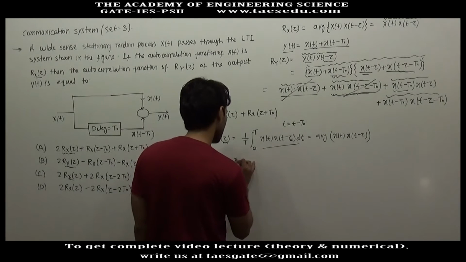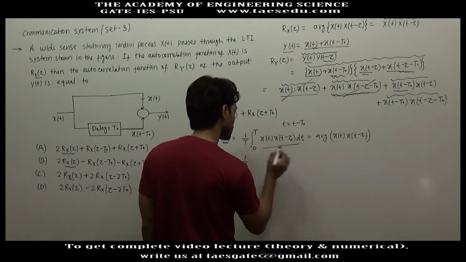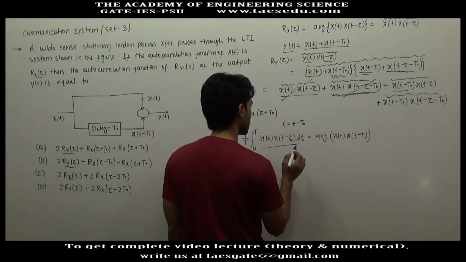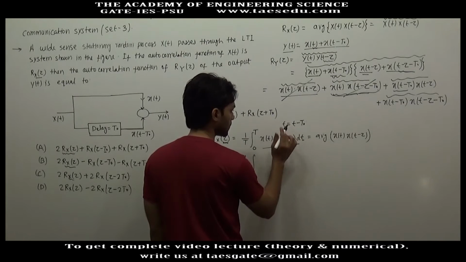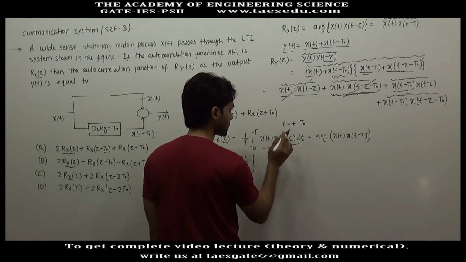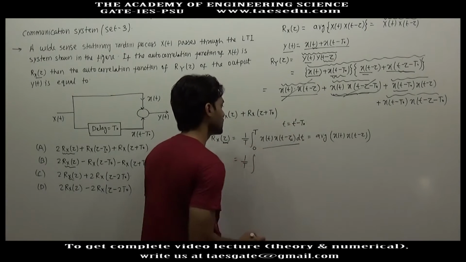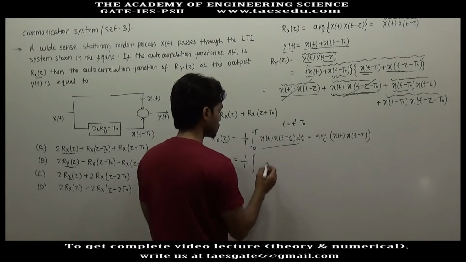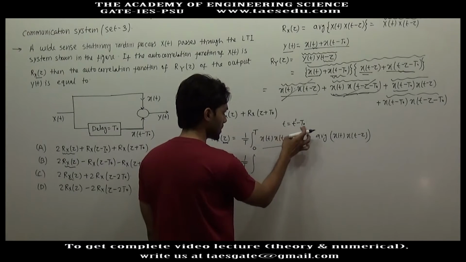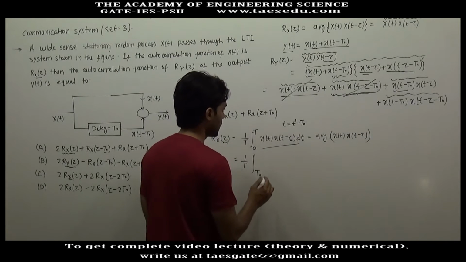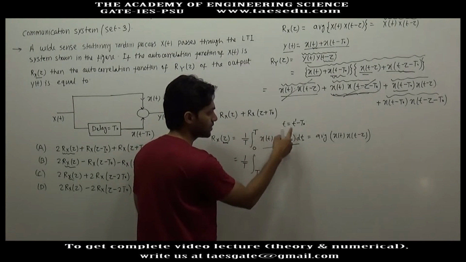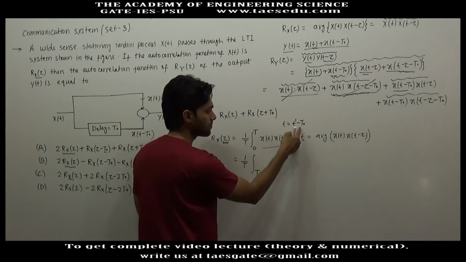So here we will have 1 by T. When t is equal to 0, t dash will be t naught, and when t equals capital T, t dash will be capital T plus t naught.